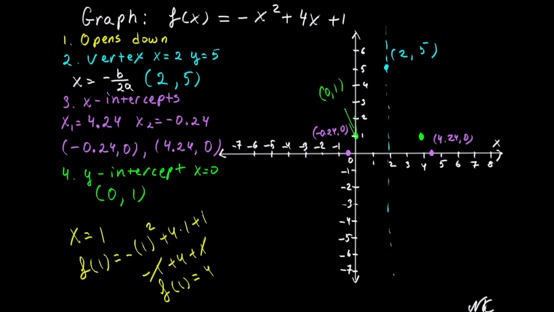So when x is 1, y is 4, and we have a mirror point across the axis of symmetry. For x equals 3, y will also be equal to 4. I chose this 1 unit away from the vertex, so it's easier to draw the parabola. So now we just draw a curve through the points. So here's the graph of our parabola. That's all.